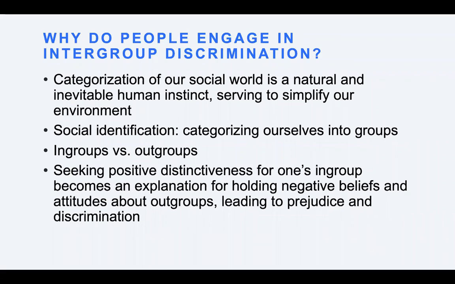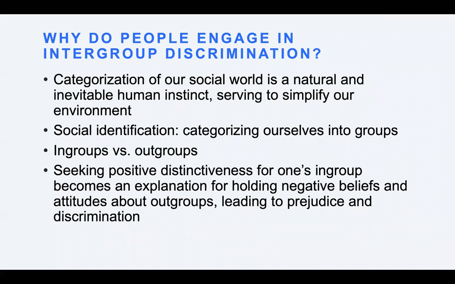So think about this in the context of Jayhawks. We are all KU students. So we want to seek and maintain positive distinctiveness for our in-group of KU Jayhawks. And that becomes an explanation for holding negative beliefs towards K-State students.